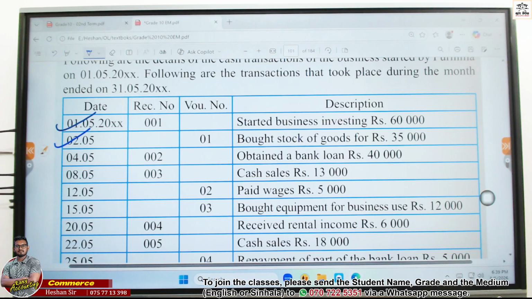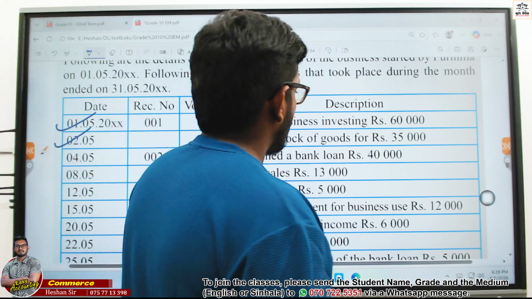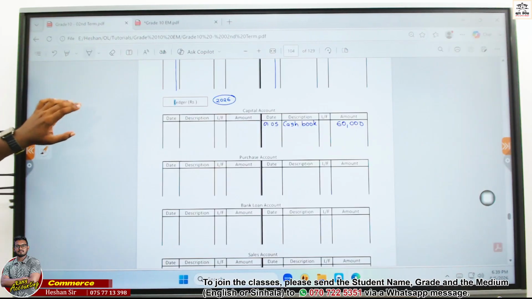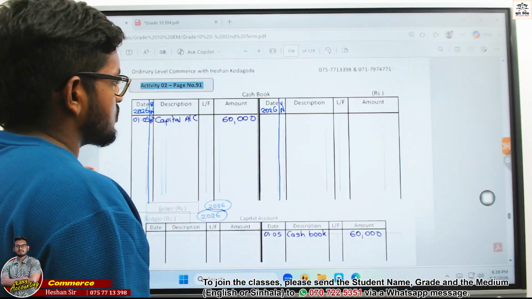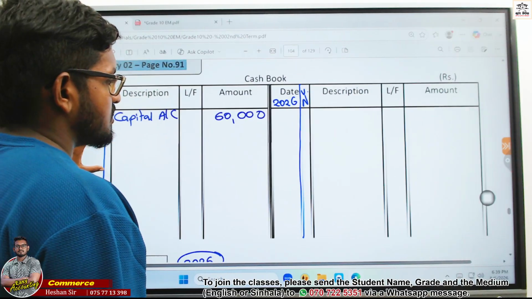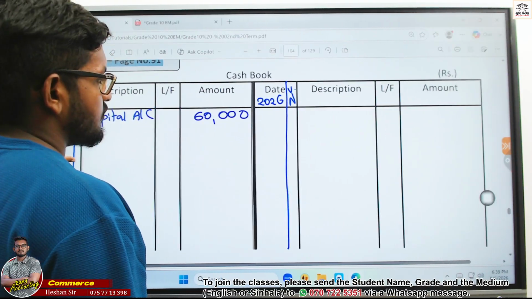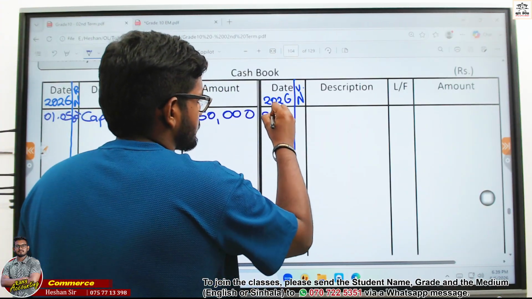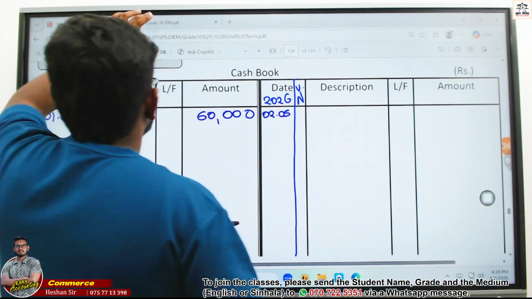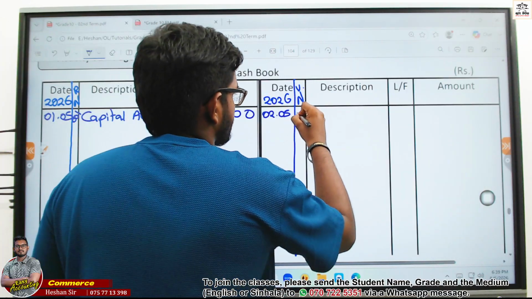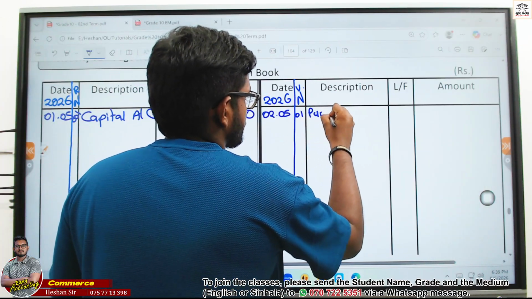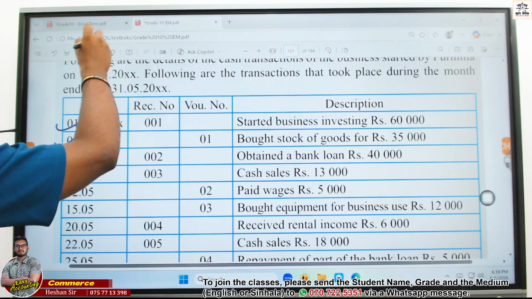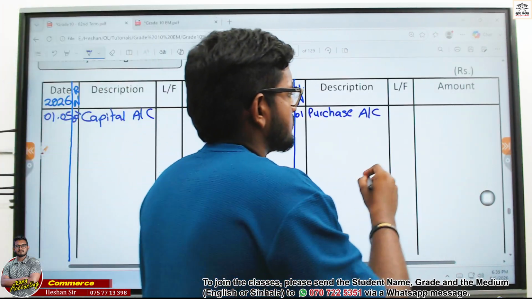Second of May, bought stock of goods for rupees 35,000. Cash purchase of goods. What is the double entry? When we purchase goods on cash, cash book credit, purchase account debit. Date is 2nd of May. Purchase account 35,000.